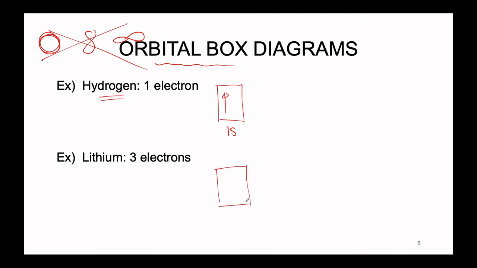Again, according to the Aufbau principle, we always start with the lowest orbital first, and we are going to fill it before we move on to starting to place electrons in any higher energy orbitals. So since lithium has 3 electrons, we're going to place 2 of the electrons in this box, and the third we're going to have to move on to a new box. Right, again, if we're thinking of these orbitals like houses, we can only have 2 roommates per house.